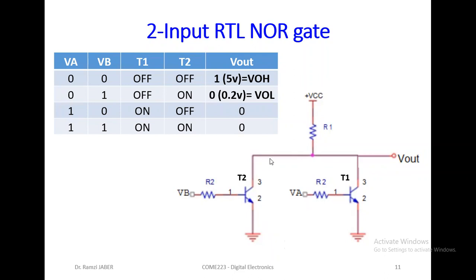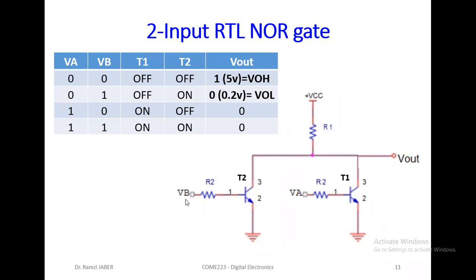The two transistors are in parallel, with a common collector and a resistor to 5 volt. The output is from the collector. Here the output. So we have two inputs here, A and B. For transistor 1, A. For transistor 2, input B.